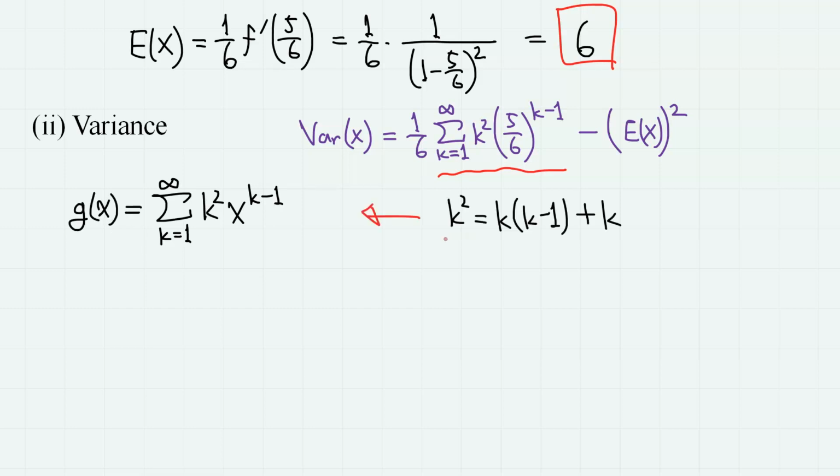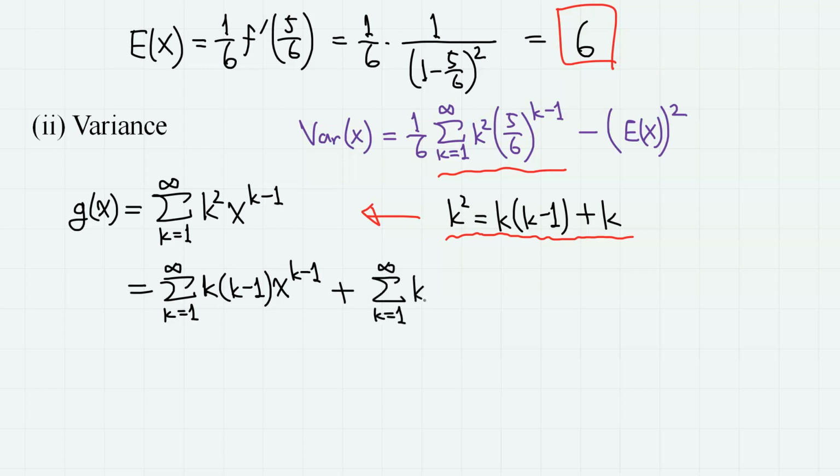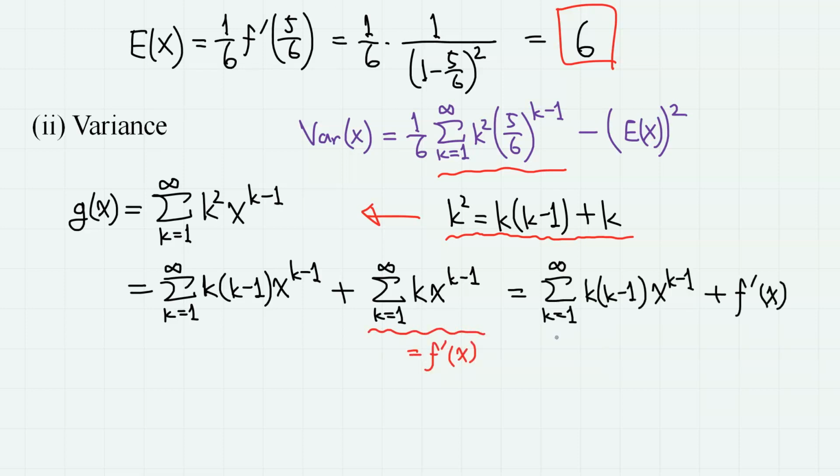And we will also use this k squared equals k minus 1 plus k here. So g(x) can be written as sigma k minus 1 x to the power of k minus 1 plus sigma k times x to the power of k minus 1, which is our derivative f prime x. Right, so now we have to find out this part.